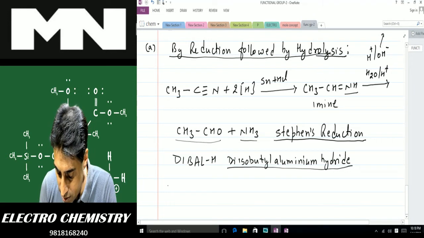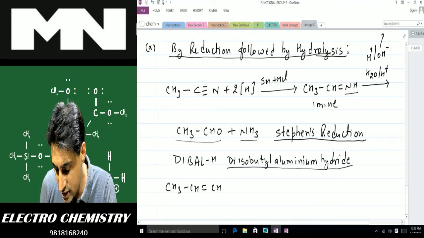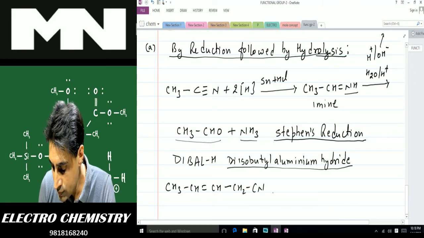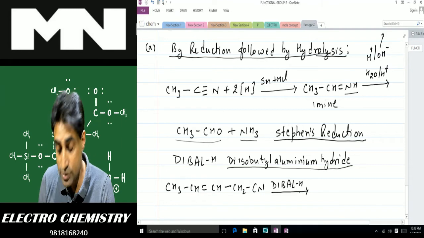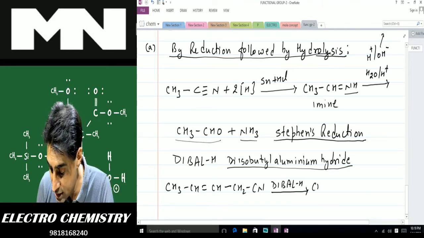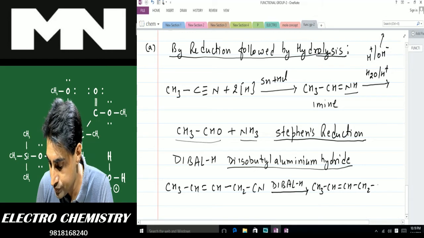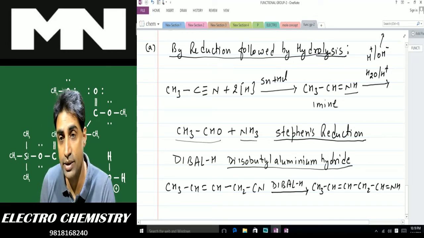Now suppose I have got a compound like CH3CH double bond CH CH2CN and I reacted with DIBAL-H. DIBAL-H will not reduce the multiple bond, it will reduce only the cyanide part. So you will get a compound that is CH3 CH double bond CH CH2 imine.